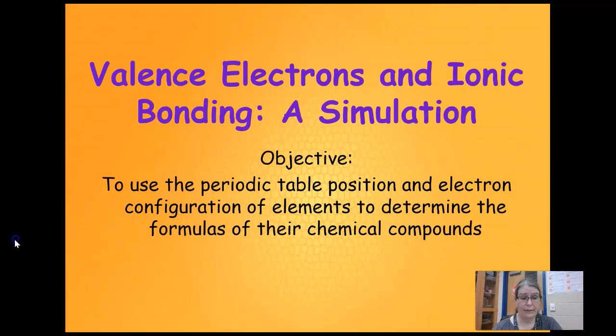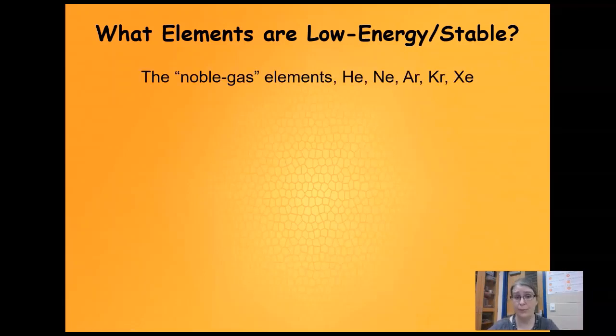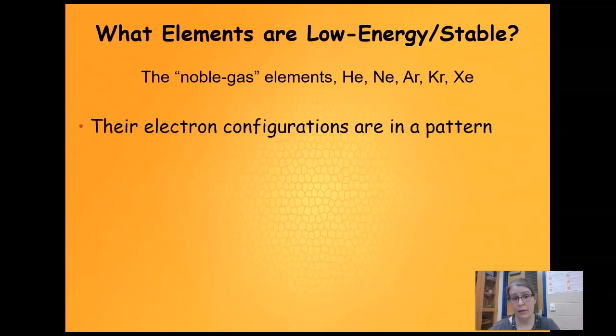So in order to do that, let's think a little bit about what elements are low energy, the stable elements. That is, of course, the noble gases: helium, neon, argon, krypton, xenon, group 8A, or 18. And if we look at that, we notice the pattern in their electron configurations. They're full. All of the orbitals have a pair of electrons.